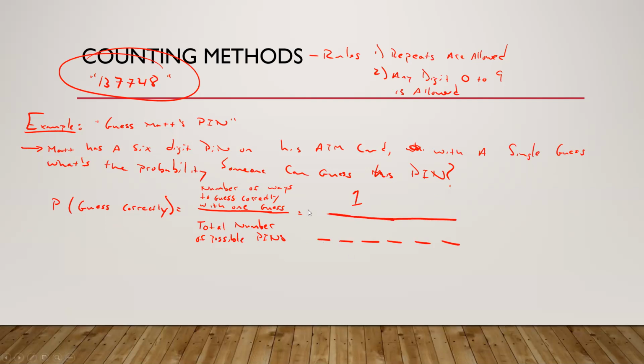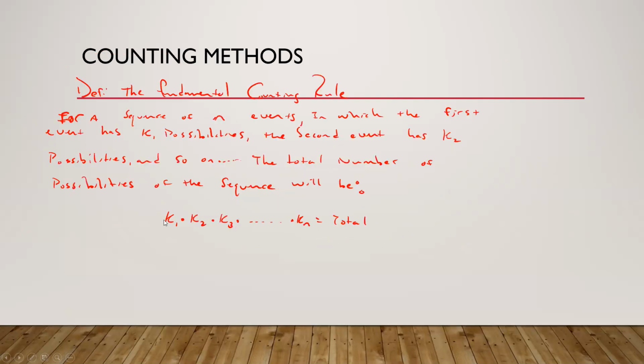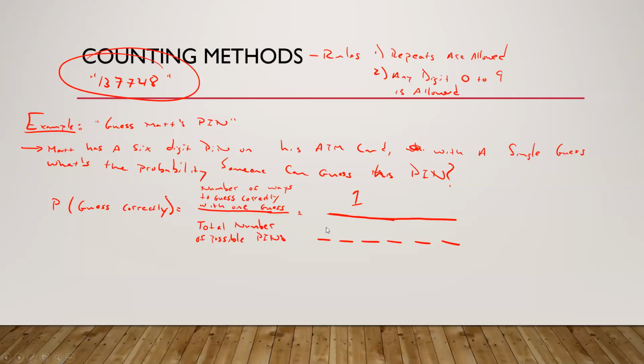If you want to figure out the number of ways this sequence can be constructed, you just have to take the number of possibilities for the first event times the second event and so on. For the first digit of my PIN, how many possible digits could I choose from? It's the digits 0 to 9, so that's 10 digits. If repeats are allowed, how many possibilities are there for the second digit?